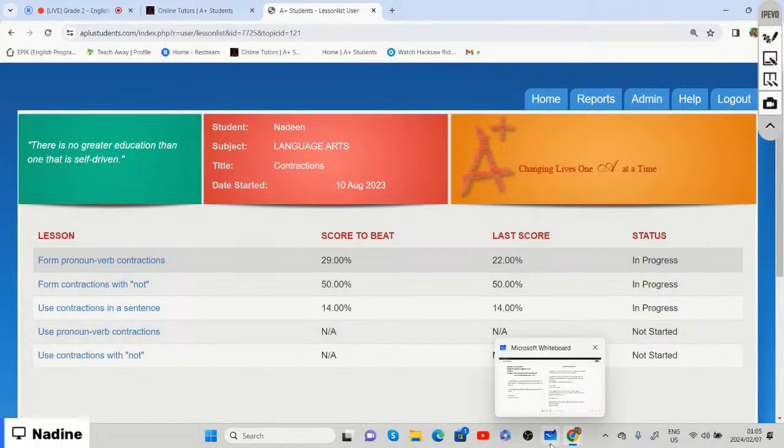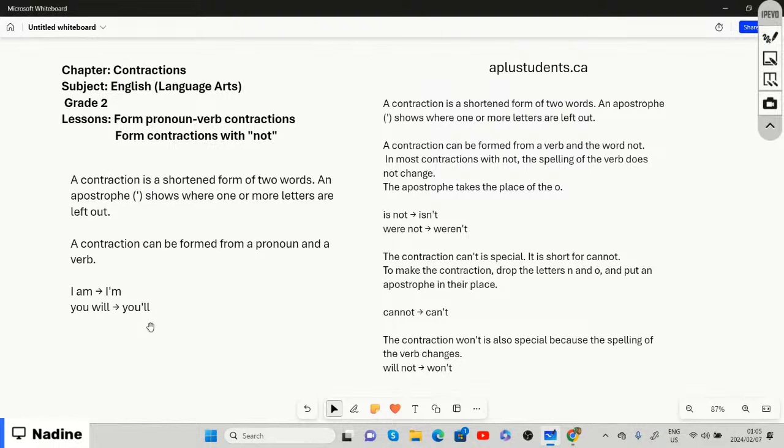All right. So our chapter is contractions. Our subject is English, which is language arts, grade 2. And the lessons that we're going to be focusing on under the chapter of contractions are to form pronoun verb contractions and to form contractions with not.